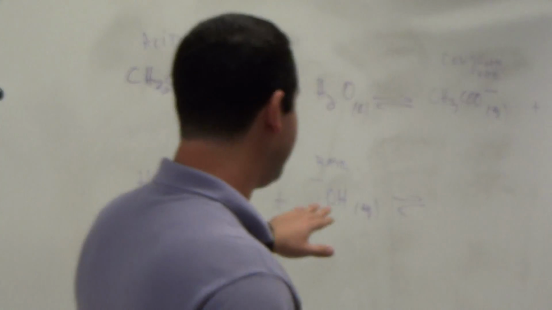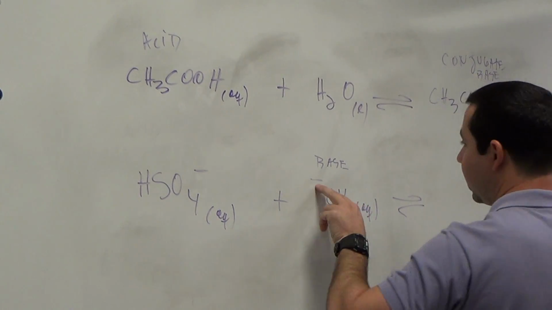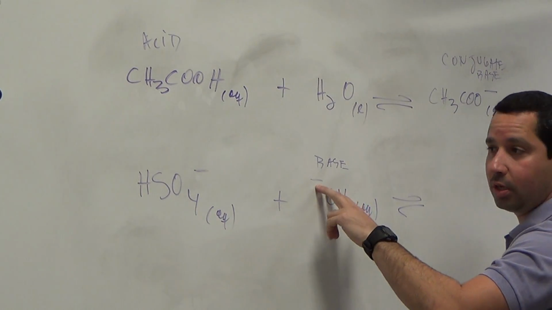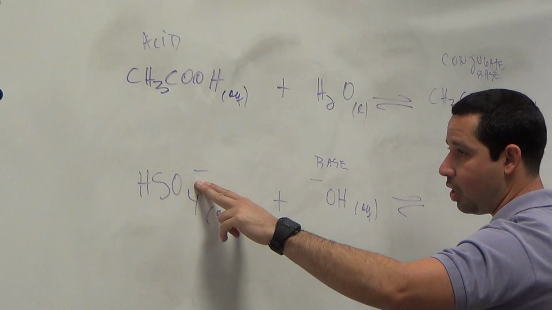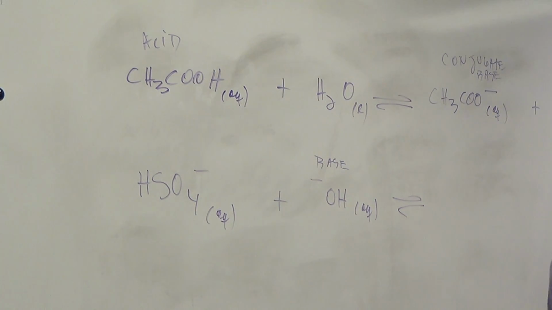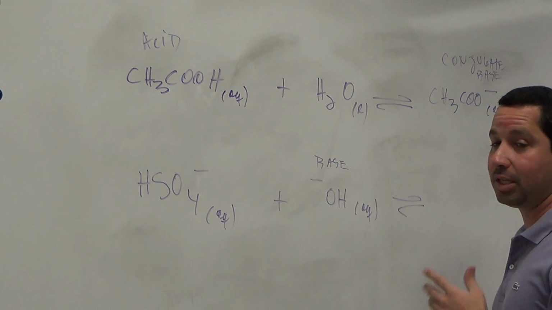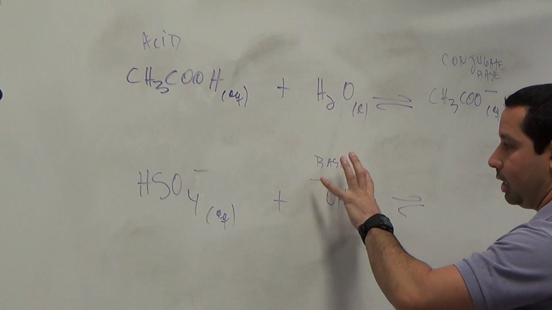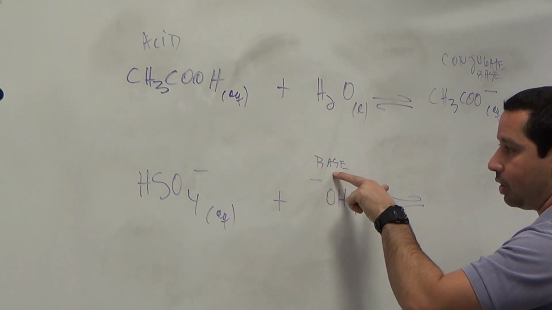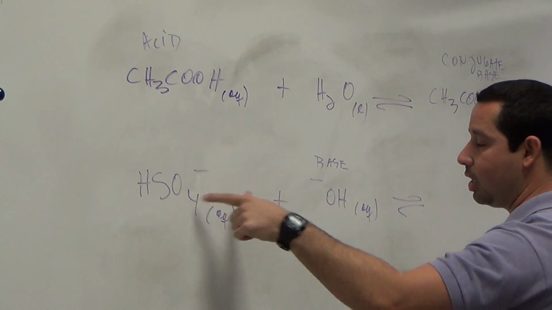So, if this is the base, I just want you to realize that here, this is negatively charged, yes? And this is negatively charged. So which one do you choose as the base? You choose as the base whichever one is stronger. Now, how do you know which one is stronger? I'm not teaching you that yet. I will later. This is stronger, I'm telling you. Here it is. Base, because it is stronger than that.